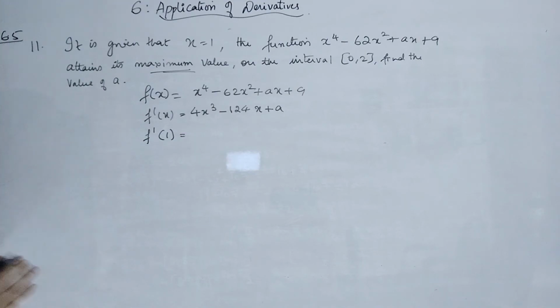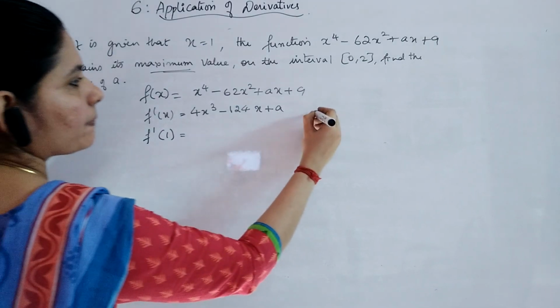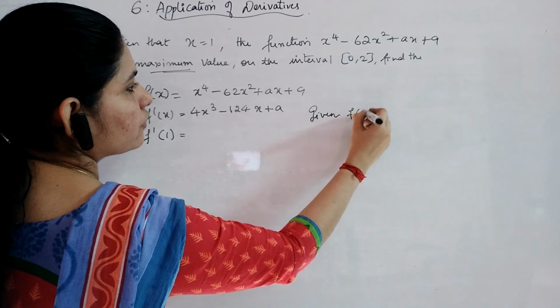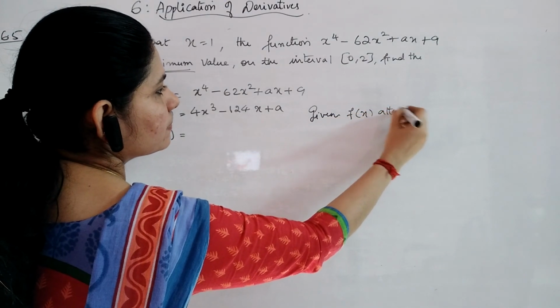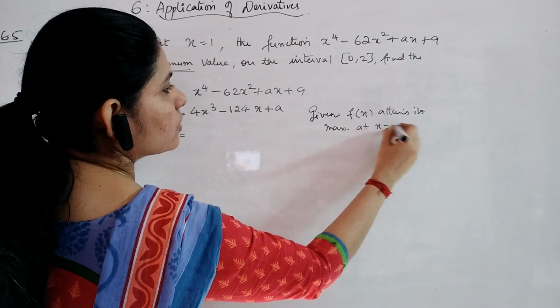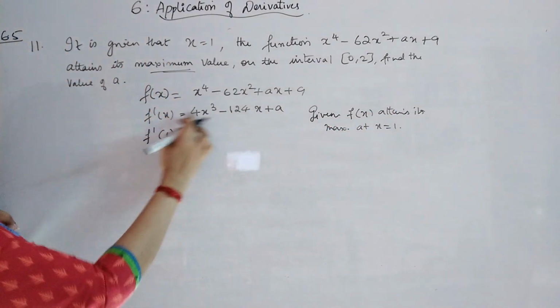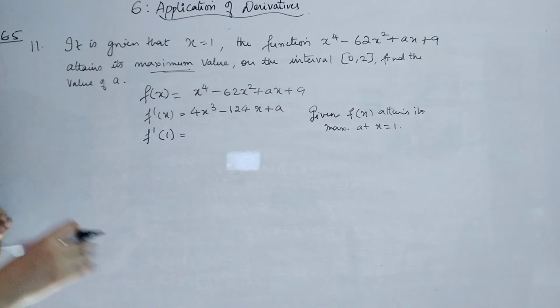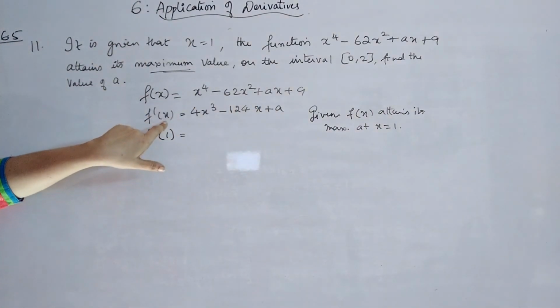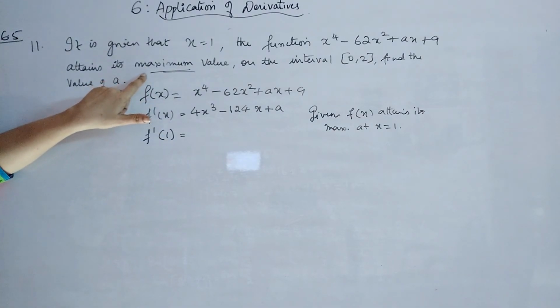Okay, so it is given that the function f of x attains its maximum at x equal to 1, because when you equate this to 0, since you don't know the value of a, but they have given that x equal to 1 is a critical point, and it will give you the maximum value.